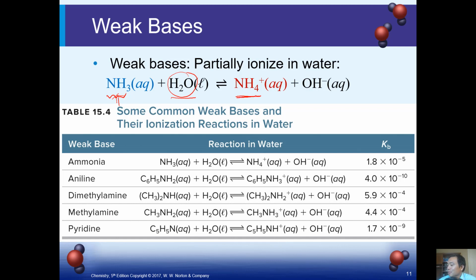Because initially you are neutral, now you become positively charged, NH4 plus. And the water, in this case, will donate that proton. So it has 1 less H plus, so the charge becomes negative. That's hydroxide over here. It always follows the same pattern.